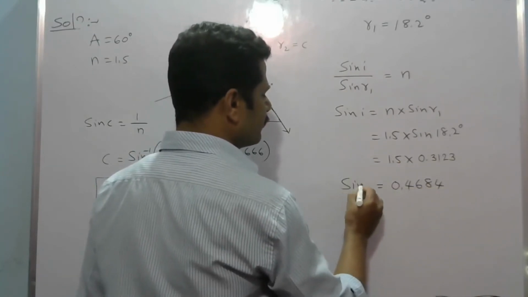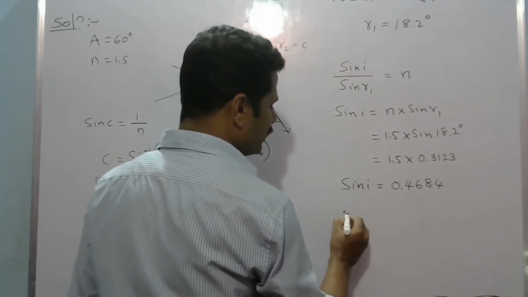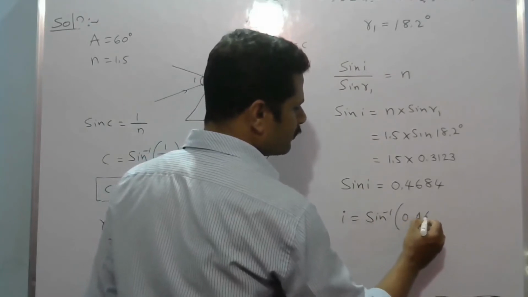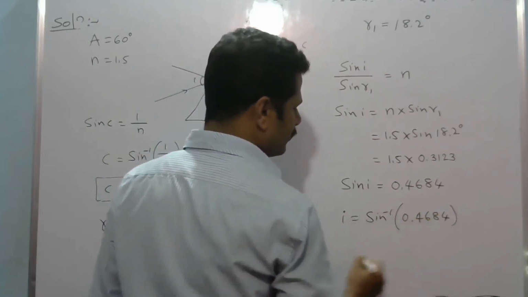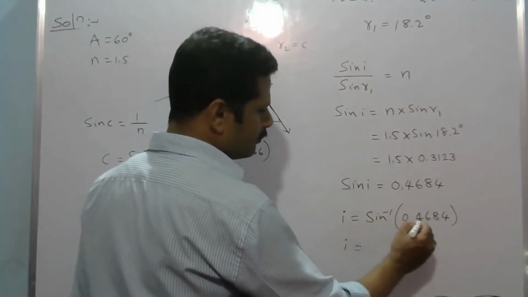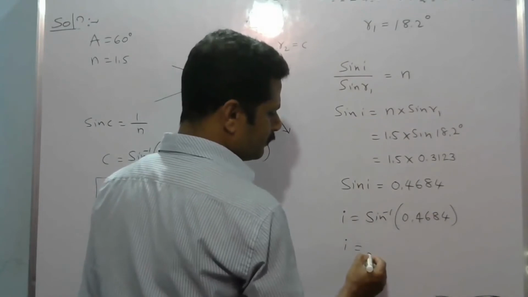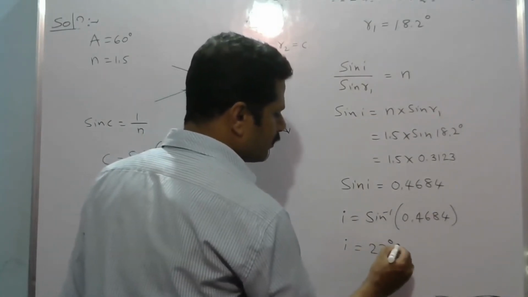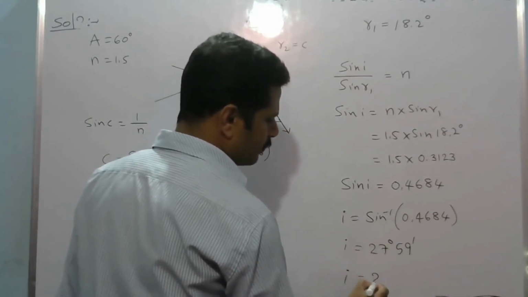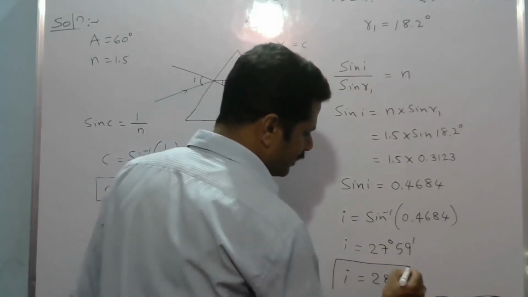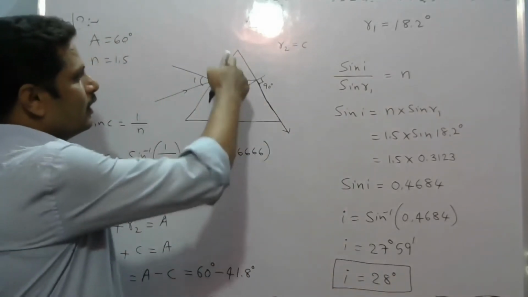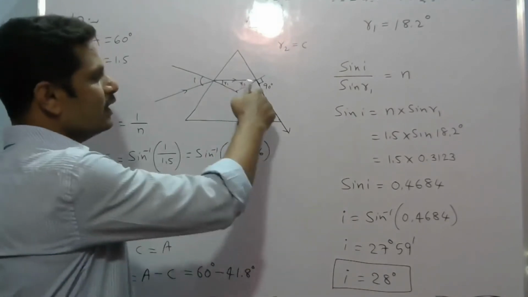This is sin I. But what we want is I, so I equals sin inverse of 0.4684. From the natural sine table, this is 27 degrees 59 minutes, which is nearly 28 degrees. For this angle of incidence, the light ray just suffers TIR at the other interface.